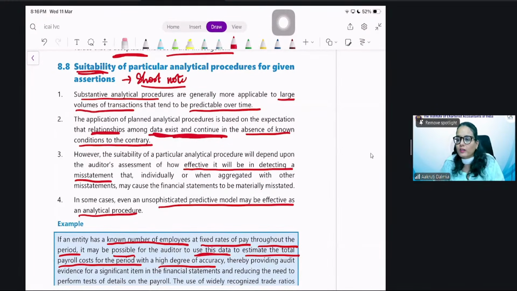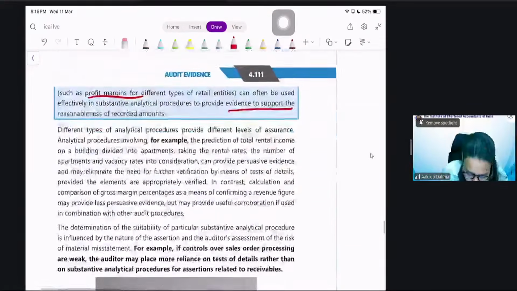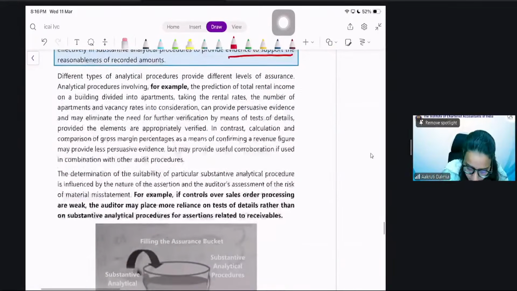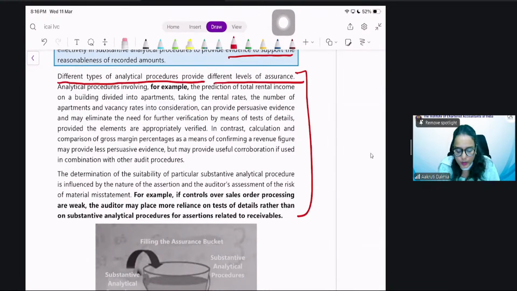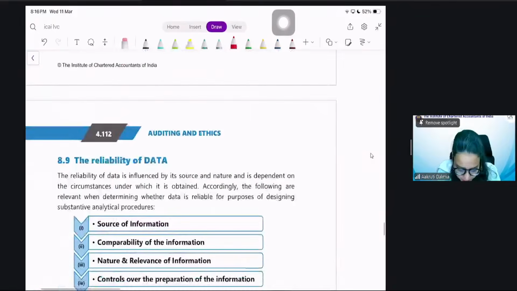So if you are able to create such predictive models, then it is suitable. Okay. Otherwise, it is not suitable. You can read these examples. These are just examples. You can read this on your own. Just remember this. Different types of analytical procedure provide different level of assurance. Okay. Different types of analytical procedure provide different level of assurance. You can read this on your own.